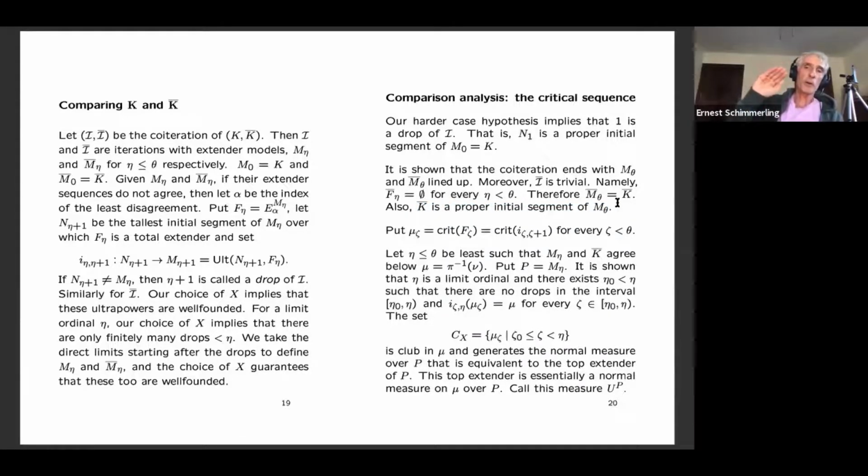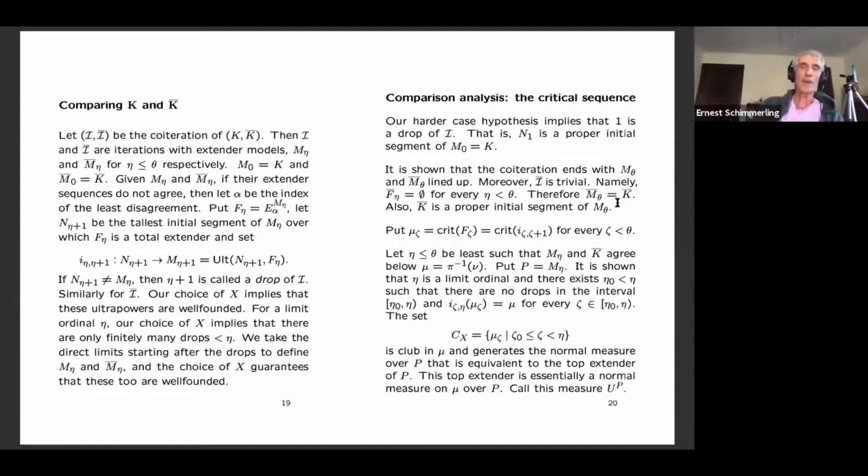The reason it's a proper initial segment and not equal is because M theta is not sound. And I won't get into why, but it has to do with the fact that if you take the ultra power in this way of a sound structure, you get an unsound structure.